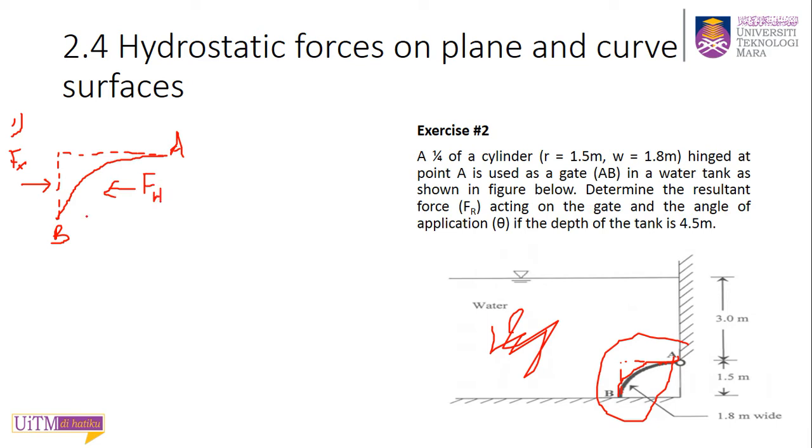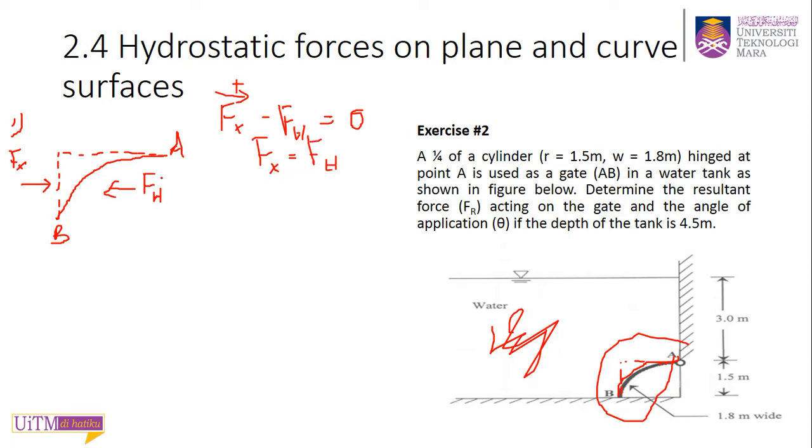Remember, Fh is always acting towards the curved section. That's settled for horizontal, and if you take this way as positive, Fx minus Fh is equal to 0, so Fx equals Fh. This is very simple and straightforward.